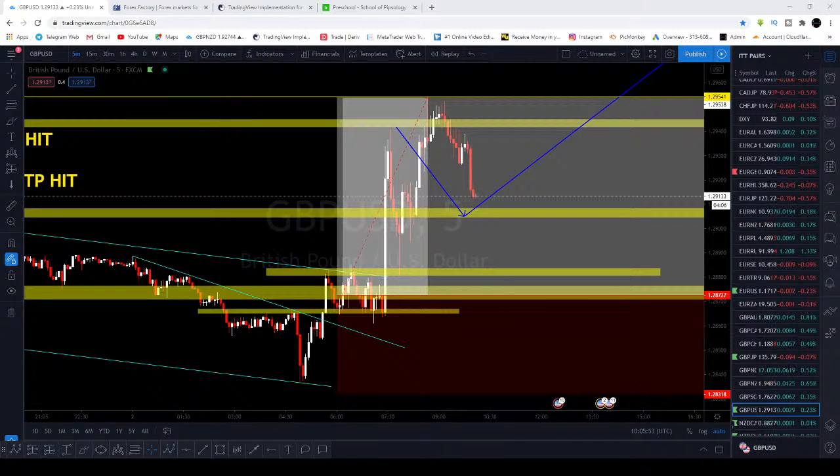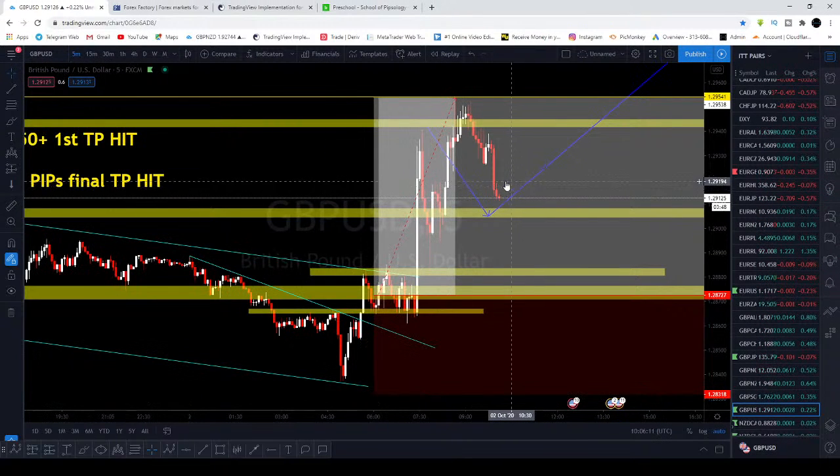Nah, this is why I say you guys have to be patient. This is not trying to tell you that okay, I'm going to the downside now. Don't. It might just be a trap, guys, and also it might just be a straight move to the downside.